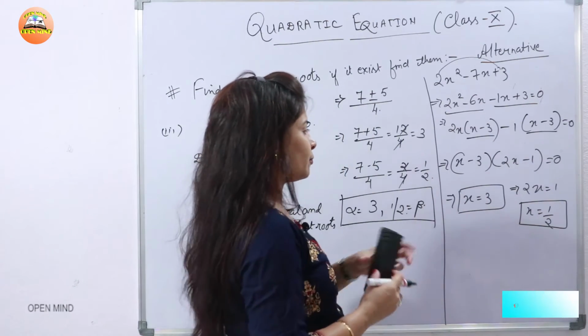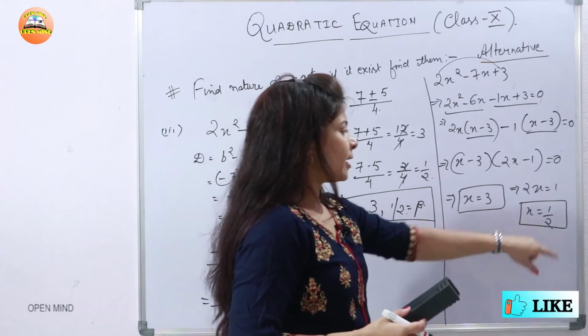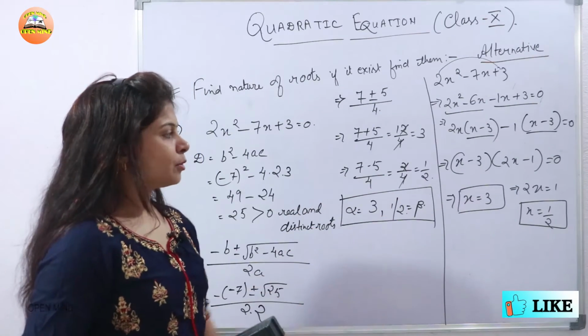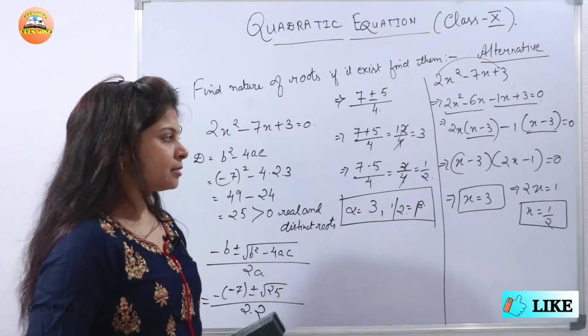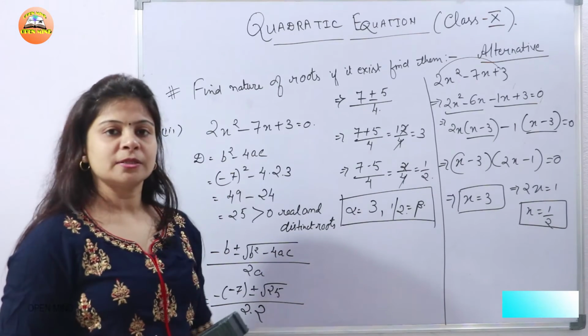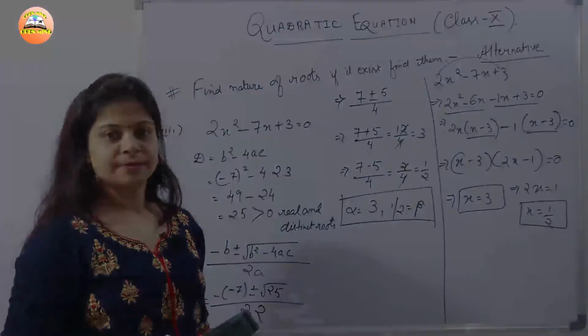So we get these two values, x is equal to 3 and x is equal to half. In both the ways we get the same answers once again. So this is the way to solve the equations by both the methods. You can choose either of the methods.